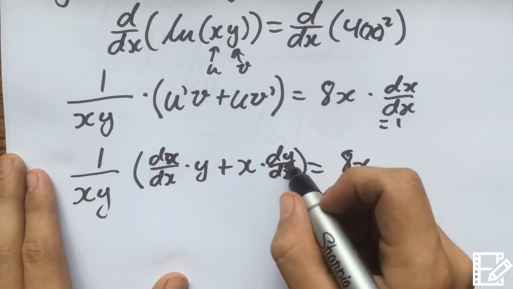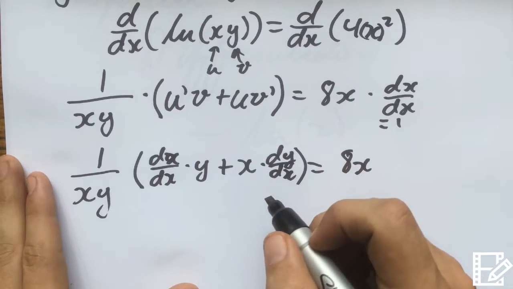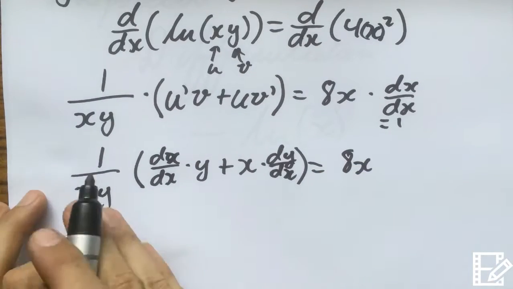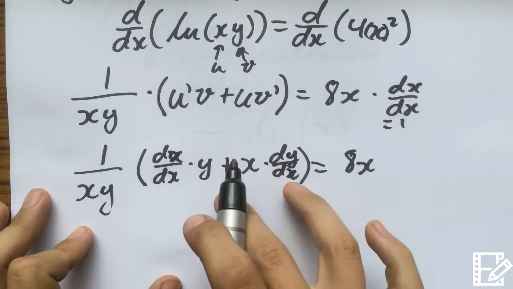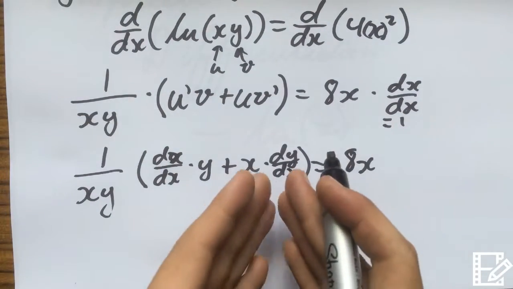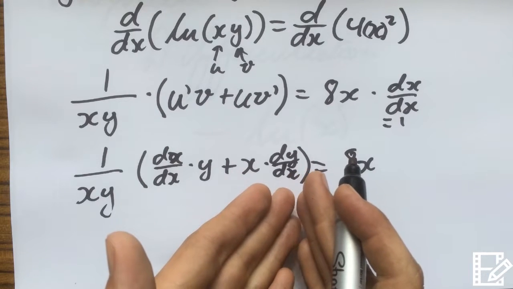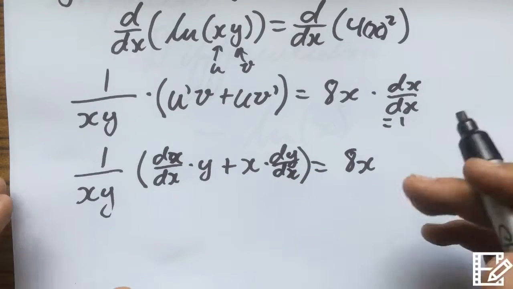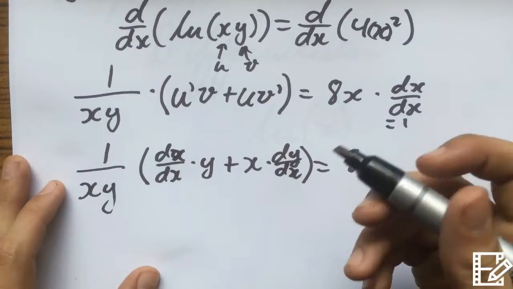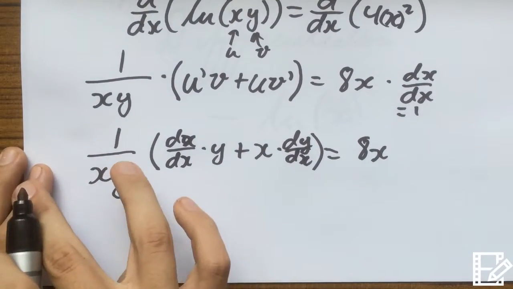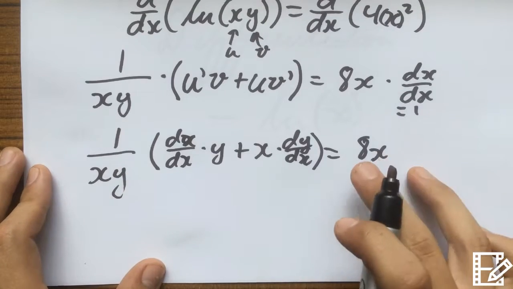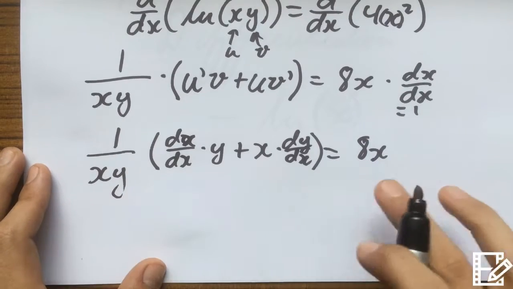Now, you can see we have a dy dx in here, and usually when I have it set up like this, I would expand the brackets and start shifting things around to find dy dx, but because it's not that complicated in this case, I'm just going to multiply this on both sides.